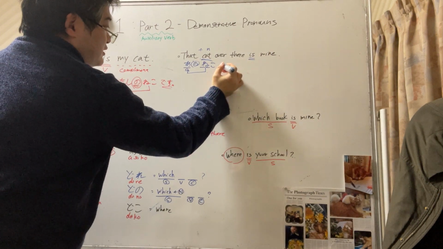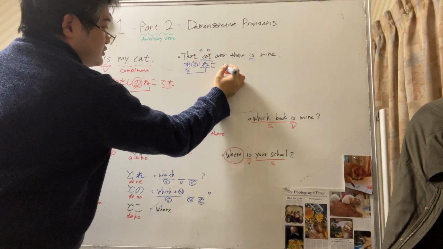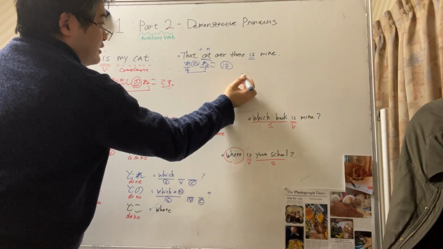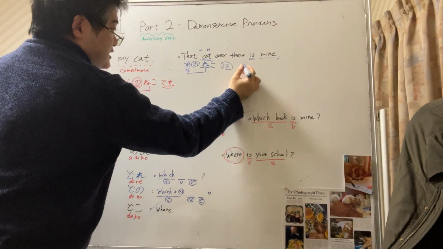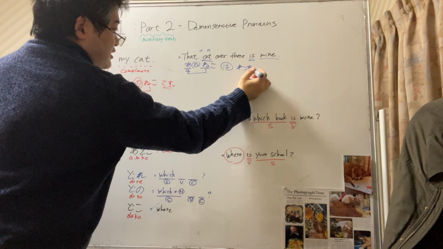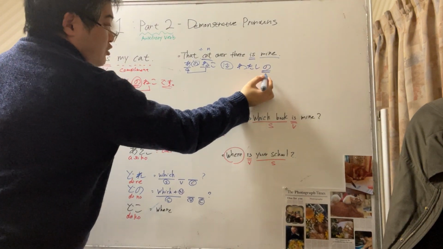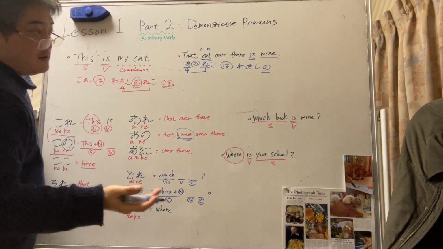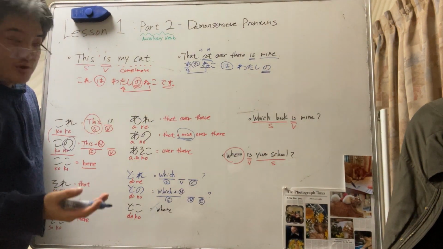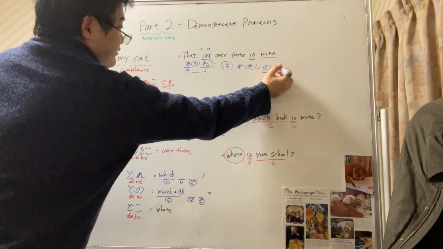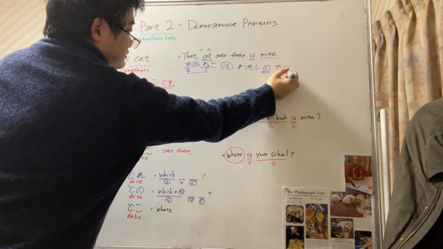But now the subject is set, so you need the subject marker wa, and then mine, as I said, watashi, and then try not to forget the no particle here to mark possession, and then you end with this.